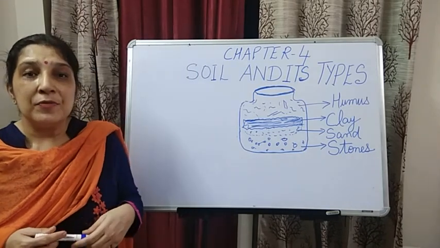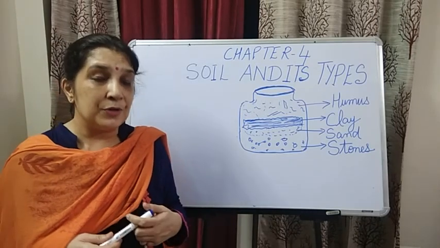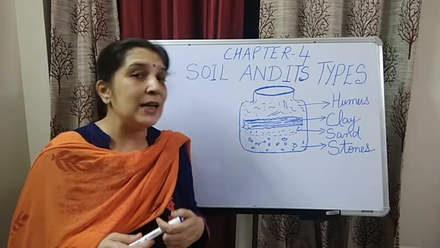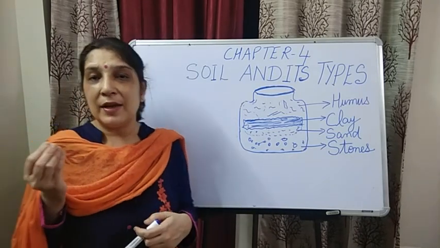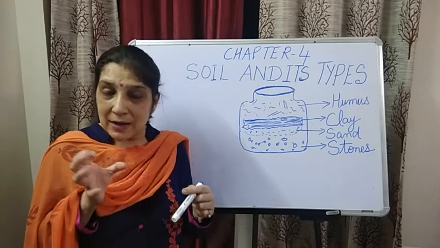And what else did we discuss? Do you remember which was the second one? The second one we discussed was clay soil. Now clay soil is very soft, and the particles of this soil are very close.